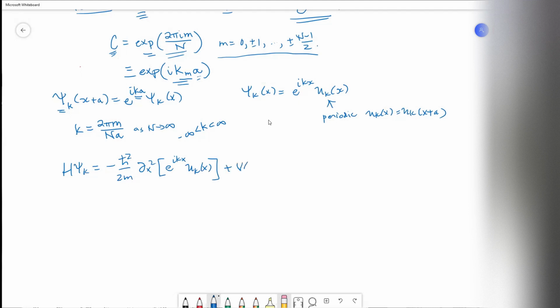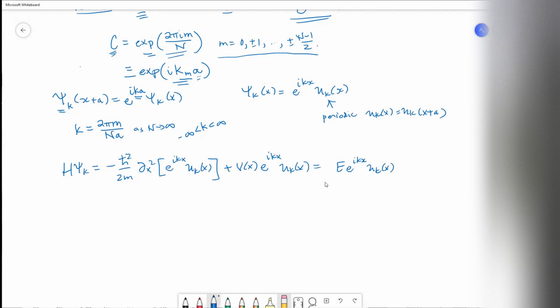Then, of course, you have the potential, which is periodic. And all of this has to be equal to the energy. So we're looking for bound states.